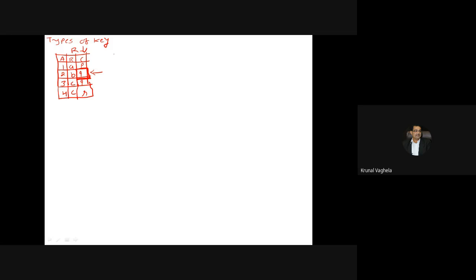But in a table, columns have names. Which column are you talking about? C. I'm talking about C. But rows do not have names. See, columns have names A, B, and C, but rows do not have names.